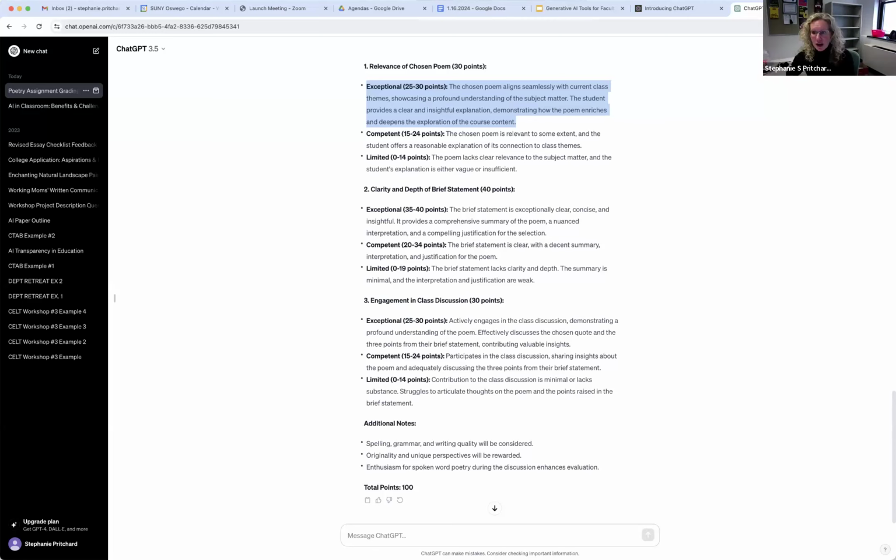I agree with you. For someone like me, who teaches writing, I don't use very many rubrics. I give lots of written feedback instead. So just to see a couple of examples, or to reprompt it and say, can you rework the clarity and depth of the brief statement section, and see how it restructures it, gives me additional ideas as I'm composing my own rubrics.